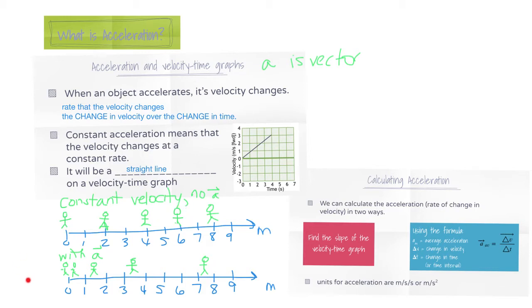And if they're accelerating, they'll start out going just a little bit in the first second, and then a larger distance in the second, and then an even larger distance in the third, and an even larger distance in the fourth. If you take a snapshot of where they are every second, you see them getting further and further apart every second. So these are motion maps.